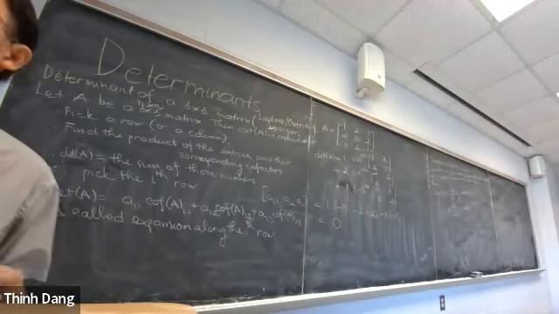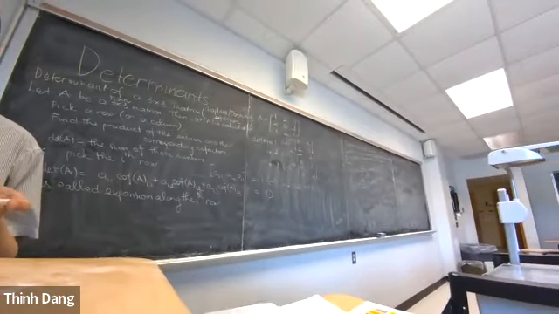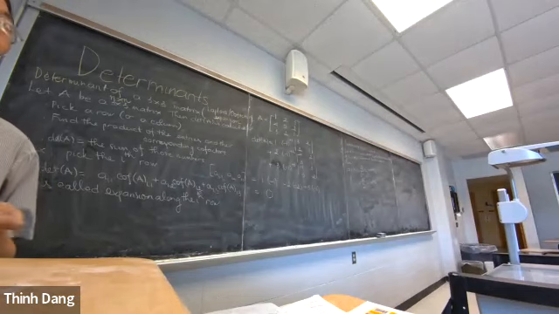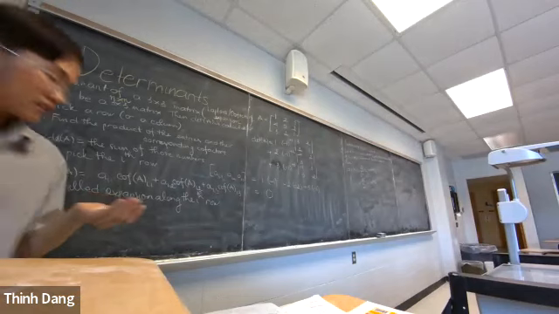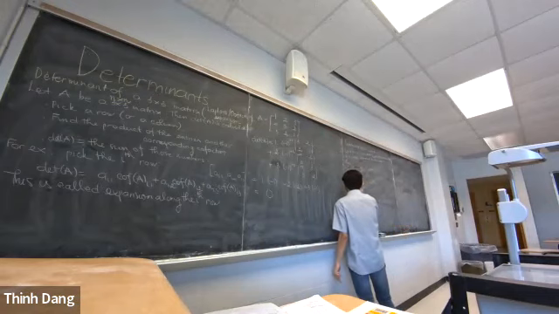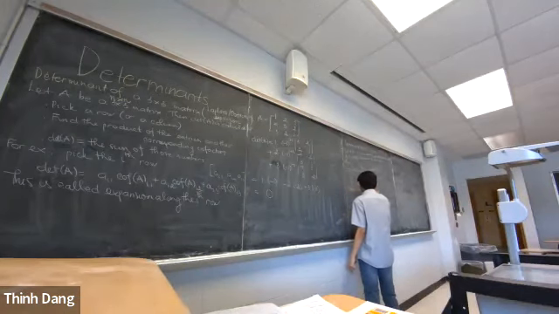Okay, so let's talk about how to find the determinant of a very special matrix, which is the triangular matrix. Let's talk about the determinant of a triangular matrix.